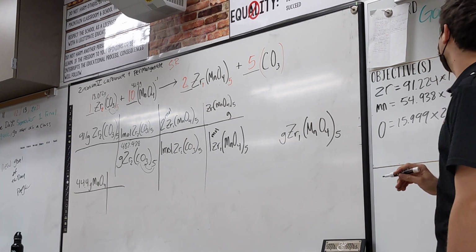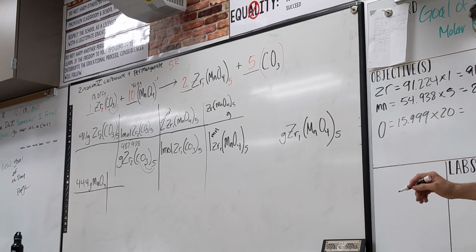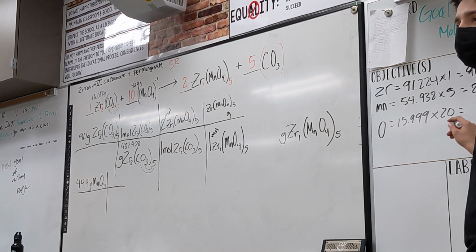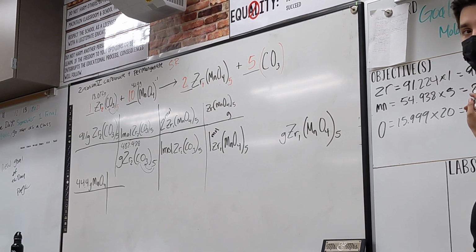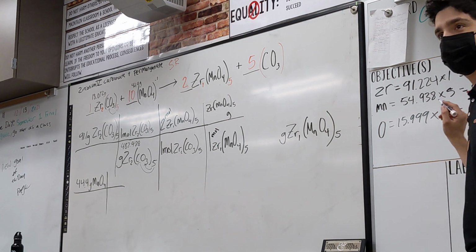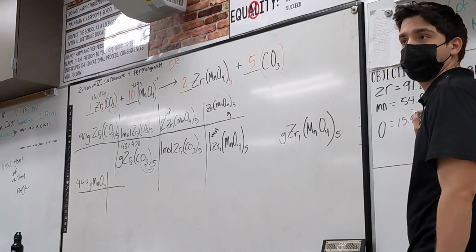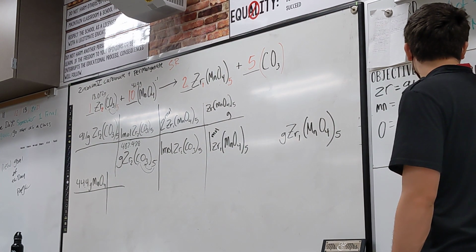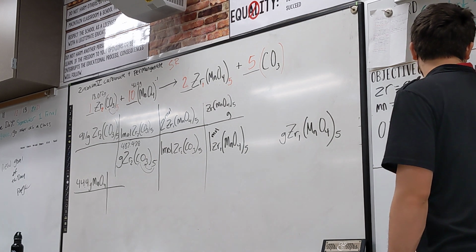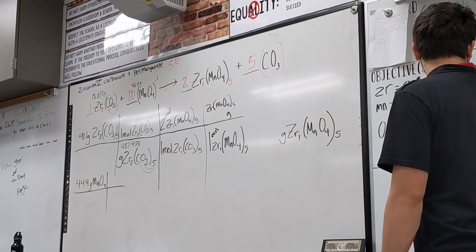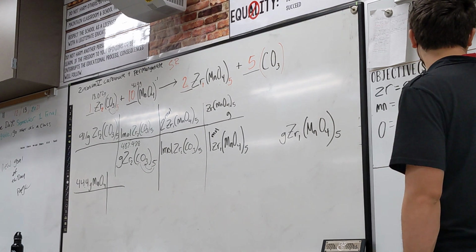All right. Okay, so what's 15.999 times 20? That's easy. 319.98. Nice, good job, Cesar. Good job, Marvin.